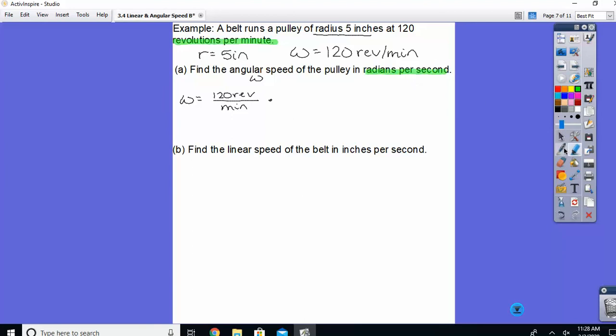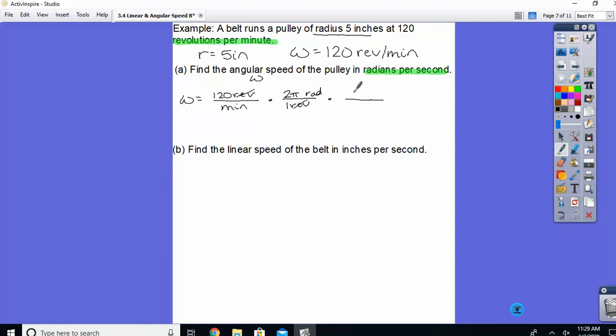radians per second. So to get revolutions into radians, what do we do? We want 2 pi radians over 1 revolution. Again, we have to go into radians, not degrees. Now I need to change minutes into seconds.